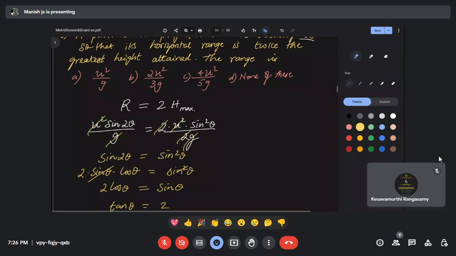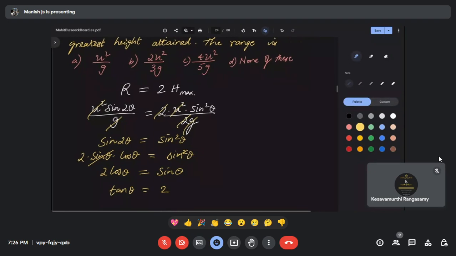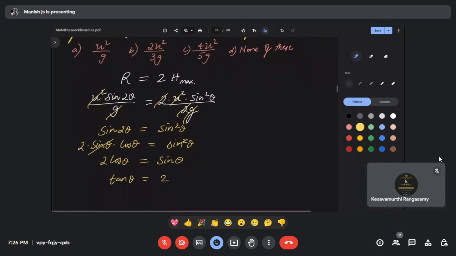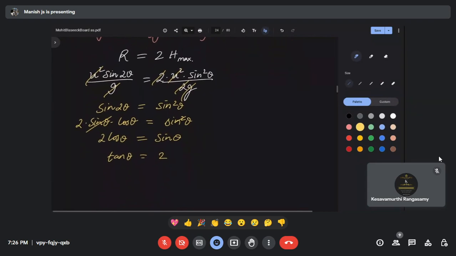We need to express sine and cos in terms of their ratios. If tan theta is 2, come on, tell me what will be sine theta and cos theta? What is the value of sine theta and what is the value of cos theta? Apply the Pythagorean, the triangle rule and find out.